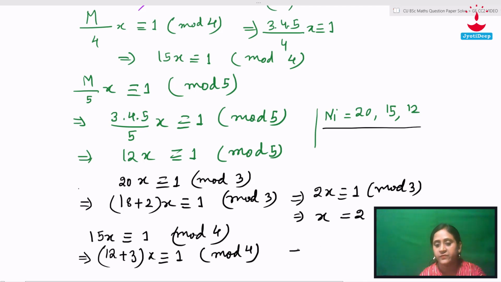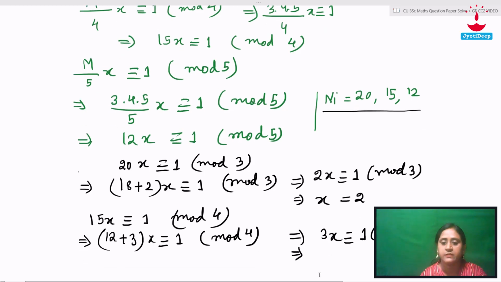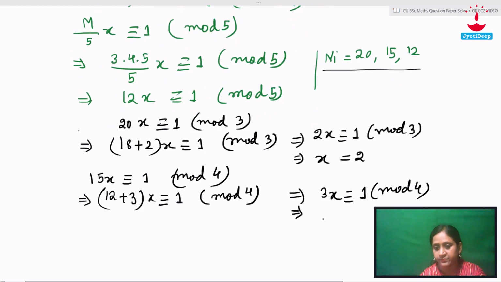Okay, so this implies 3x is congruent to 1 under mod 4. So what will be the value of x? If we put x equal to 3, 3 3s are 9, and when 9 is divided by 4, it will give a remainder 1. 4 2s are 8, remainder is 1.